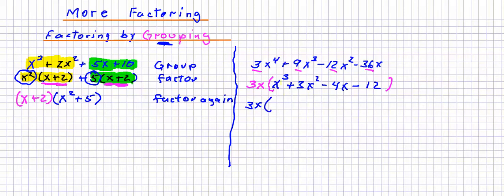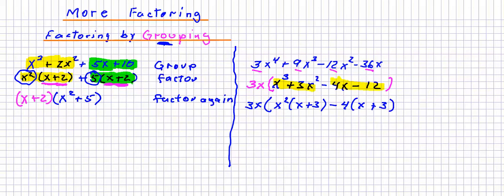I group the first 2 together, and I group the second 2 together. So when I group the first 2, my common factor is x squared times x plus 3. I group the second 2 together, 4 and 12. Common factor is 4. I have an x plus 3.